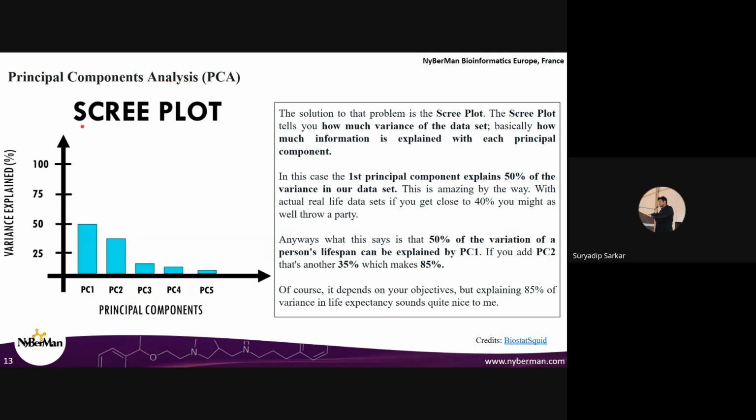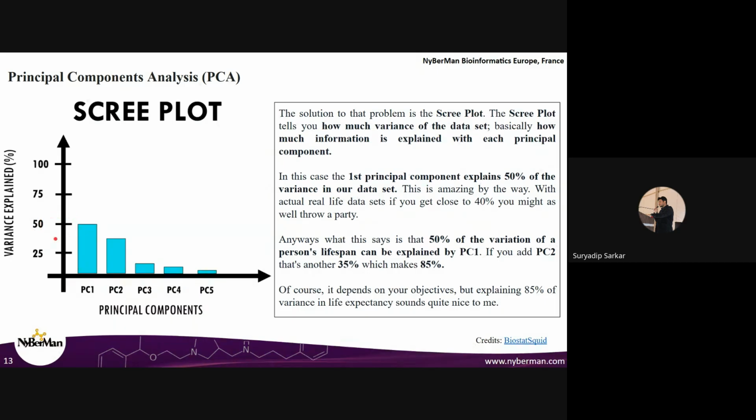The scree plot basically tells you how much variance of the data set, or in much simpler words, how much information is being retained by each principal component. For example, in this case, you can see that PC1 explains 50% of the variation in your data set.